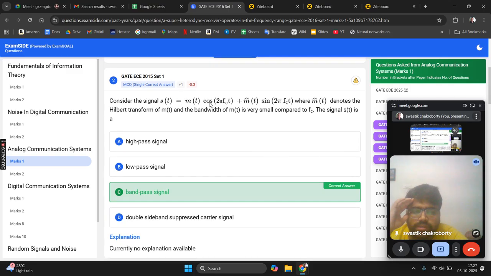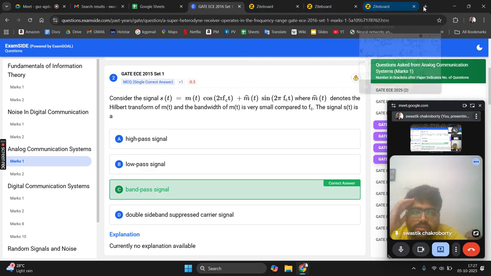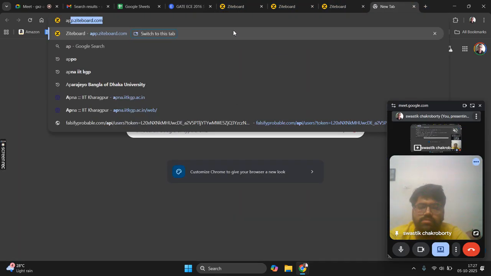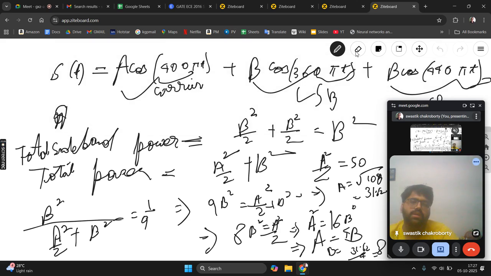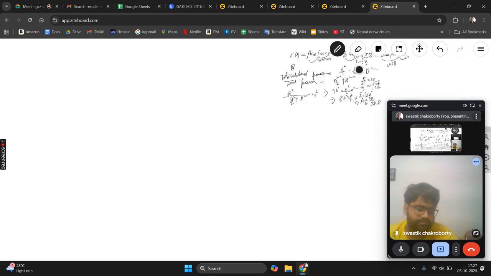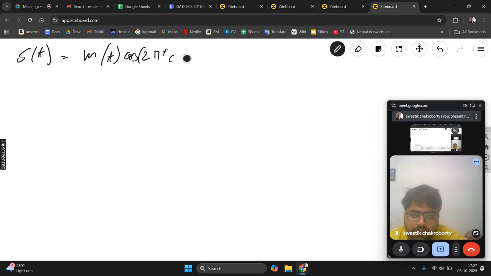m(t) cos 2 pi fct plus m hat t sine 2 pi fct. So here, a signal is given as s(t) is equal to, for single sideband modulation, m(t) cos 2 pi fct plus m hat t sin 2 pi fct.